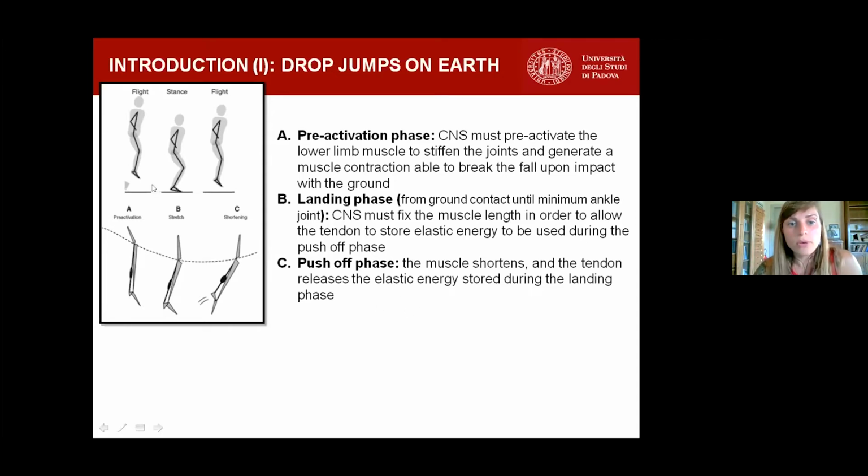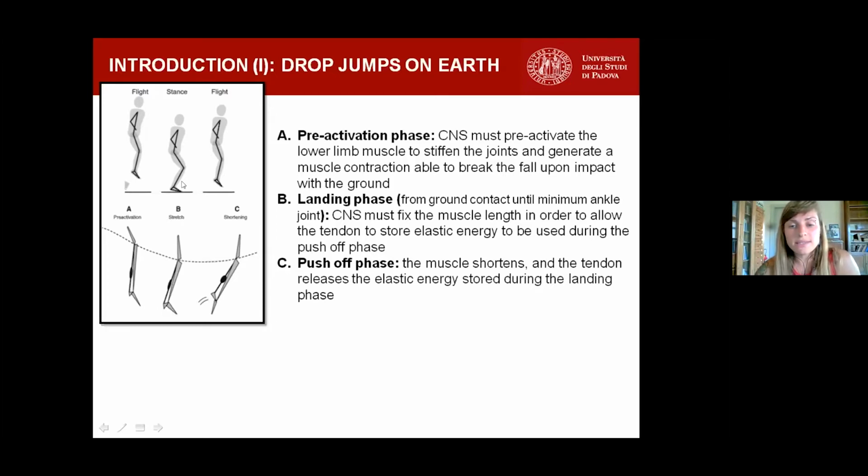During a drop jump, we can recognize three different phases. The first is the pre-activation phase, from when the subject leaves the platform until when the subject reaches the ground, where the central nervous system must pre-activate the lower limb motor units in order to stiffen the joints and generate a muscle contraction that will break the fall upon ground contact. The second phase, that is the landing phase, goes from the initial ground contact until the minimum ankle joint angle is reached.